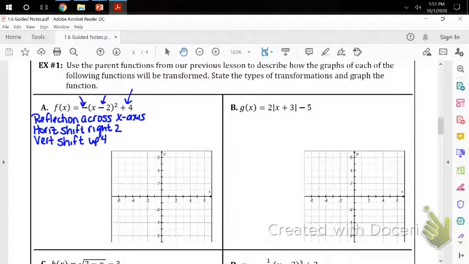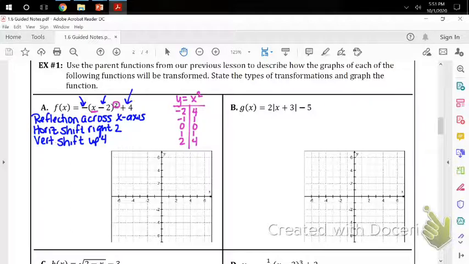All right, so what is our parent function here? Well, we can see that we have the x, and we also have the exponent as squared. So our parent function is going to be y equals x squared. And in 1.5, we learned about some tables to help us graph, and this is one of those tables. So either you can look back, or you can just work it out. It's negative 2 to 2.